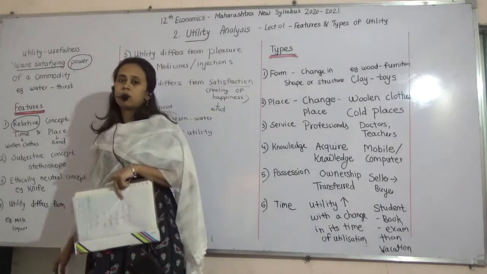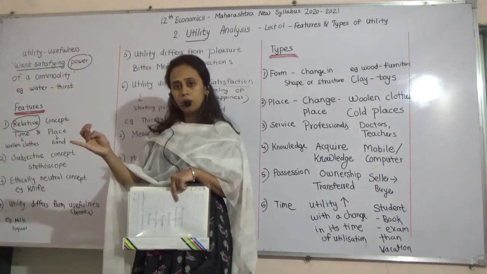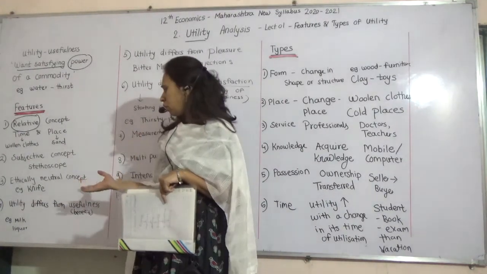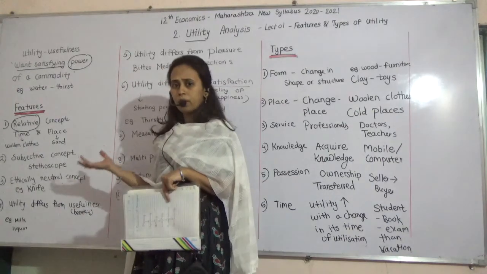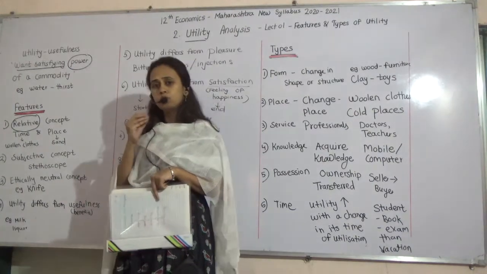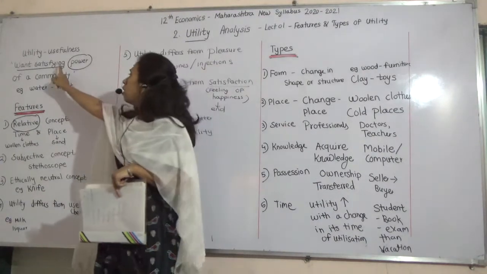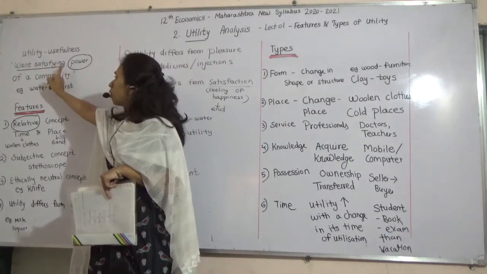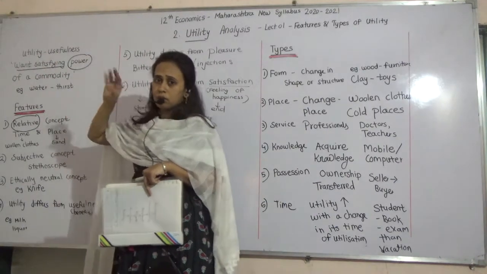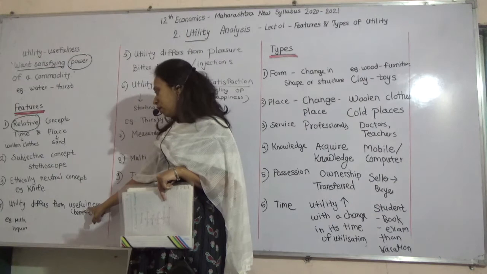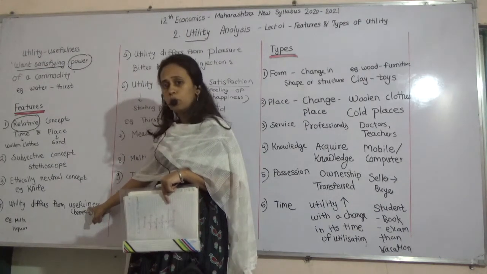But if I say cigarette or liquor has utility, utility to whom? The smoker or the drunkard, whoever is taking the liquor, it has utility because it's satisfying his want. It has the power to satisfy the person. But is it possible to say liquor or cigarette is useful? No.